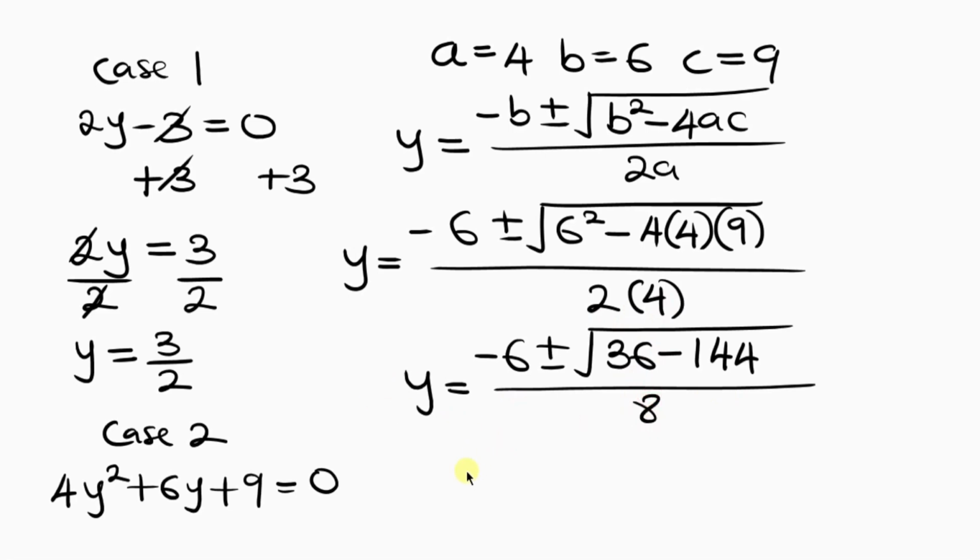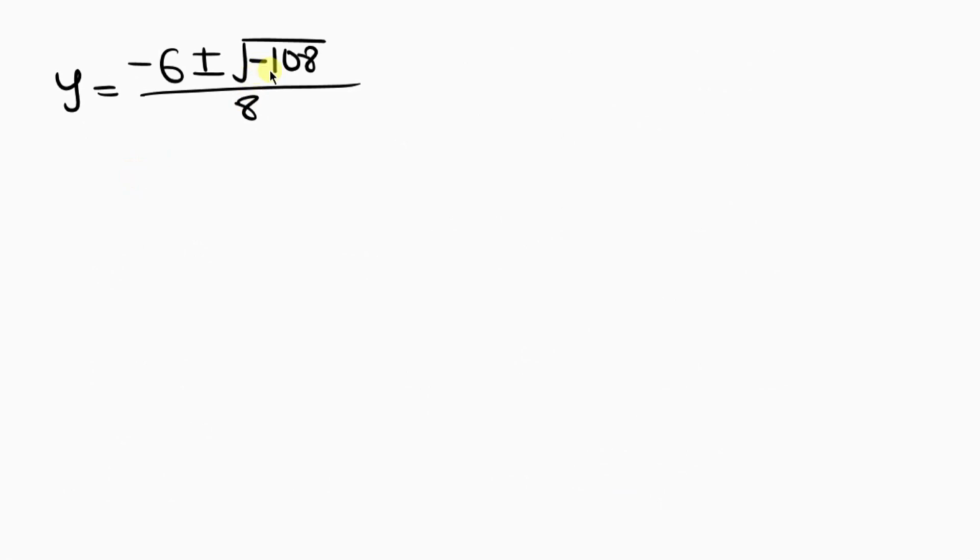And this simplifies into y equal to negative 6 plus or minus the square root of 36 minus 144 gives negative 108. All over the denominator 8. Very good. Now we're going to break down negative 108 into its various factors, in which one of its factors must be a perfect square.